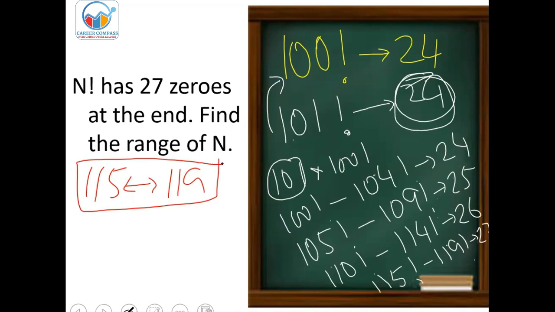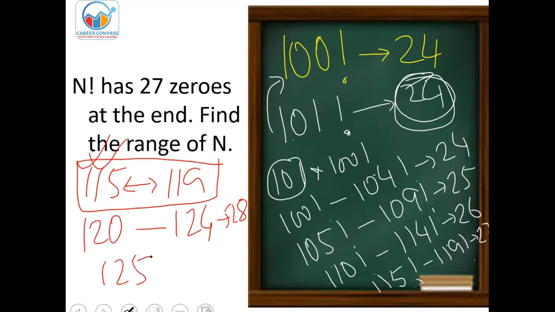Right? By the way, something very interesting. Although I got an answer, now I'm extending this: 120 factorial up to 124 factorial. The number of zeros will be 28, no? Can someone tell me what will be the number of zeros at the end of 125 factorial? Guys, what about the number of zeros at the end of 125 factorial? It will be 31. Why? Please understand, in 124 factorial, I have 28 zeros.